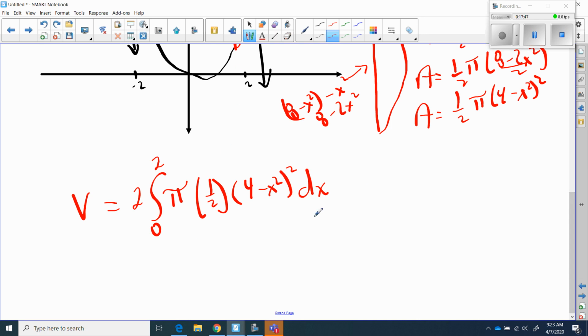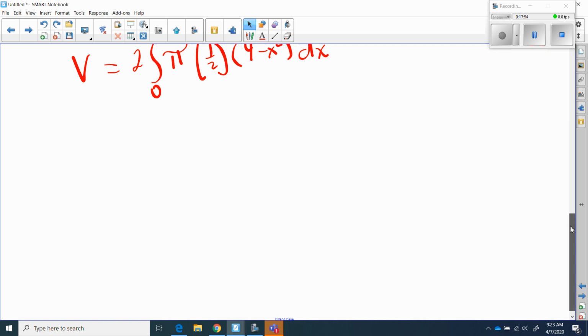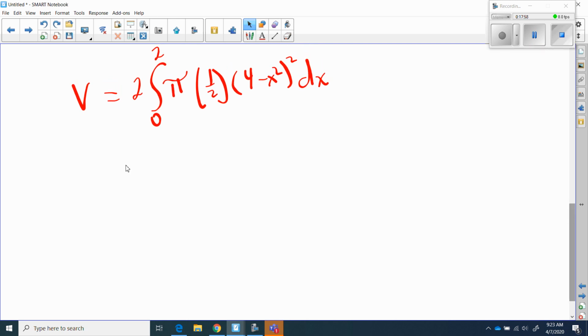Okay, so let's tidy this up. Let's see what we've got here now. So volume equals, well, I've got 1/2 and a 2 here, so those are going to wipe each other out.